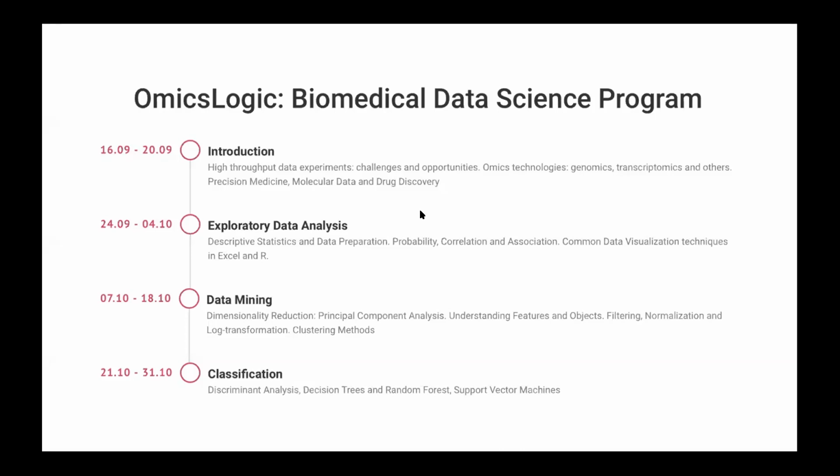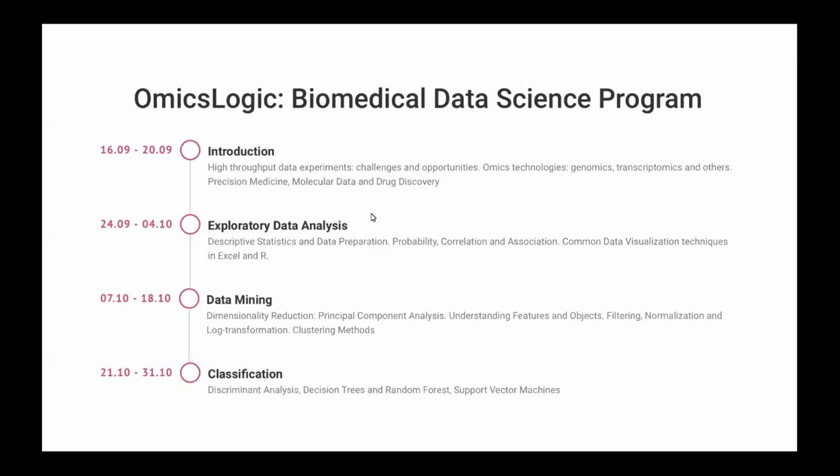It will introduce different types of omics technologies, including genomics, transcriptomics, and other data types, for example, metagenomics. And we'll talk about different types of studies, studies related to precision medicine, molecular data analysis for mechanistic understanding, and topics like drug discovery and discovery of drug efficacy.